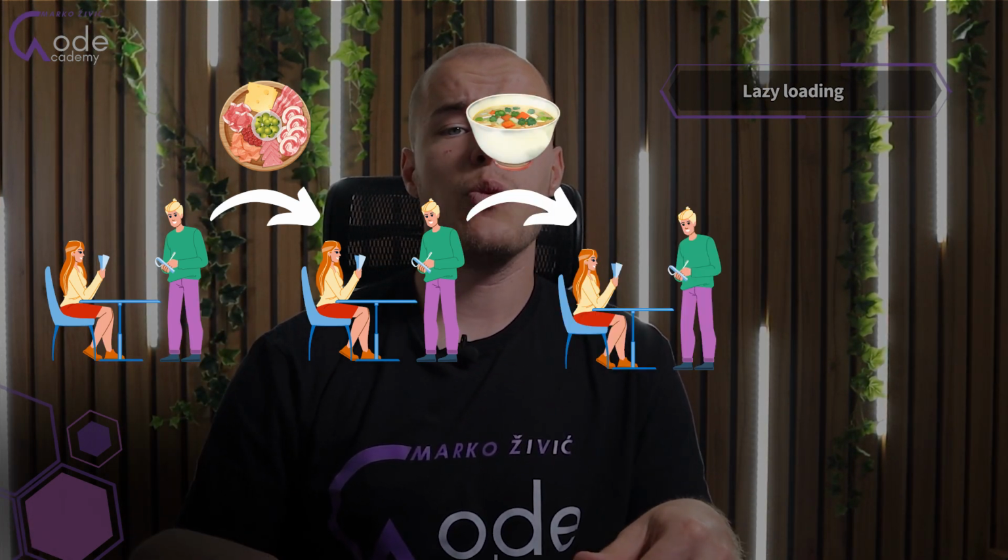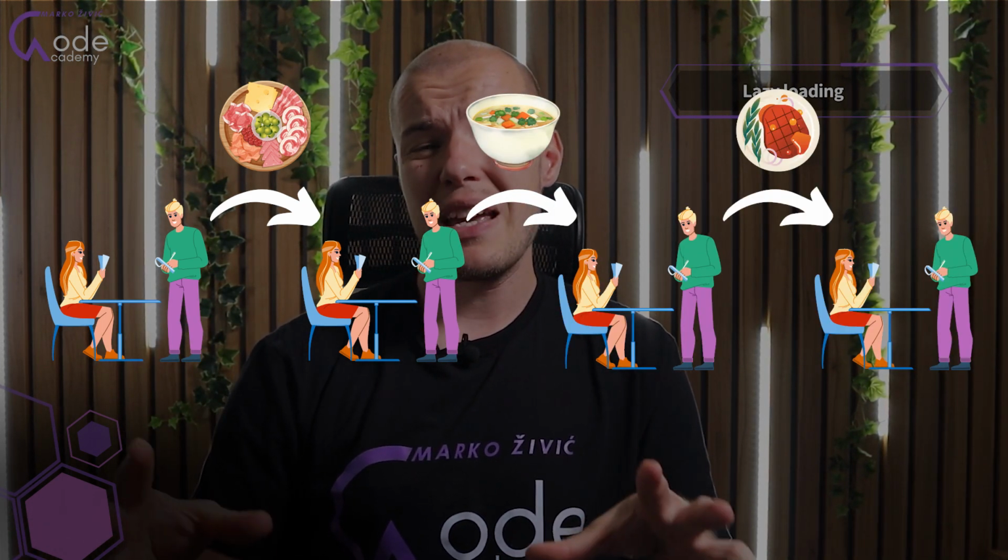When you're done with the second one, you order the third one. It's basically the same concept as lazy loading. The concept stands for: stuff that is not used will not be fetched from the database, and it will be fetched only at the moment you try to manipulate or access it in any way.